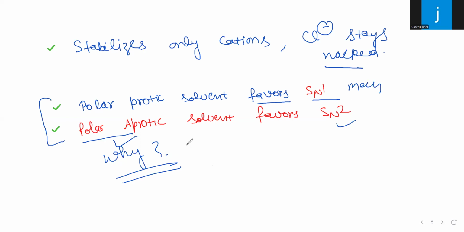We have to understand the basic mechanism of how polar protic and polar aprotic solvents are stabilizing cations and anions. So just remember the difference between polar protic solvent and polar aprotic solvent, which will help us to understand why both of these favor SN1 and SN2 mechanisms differently.